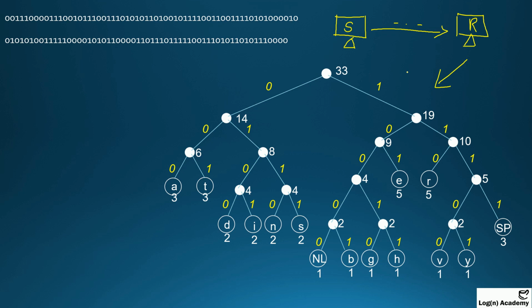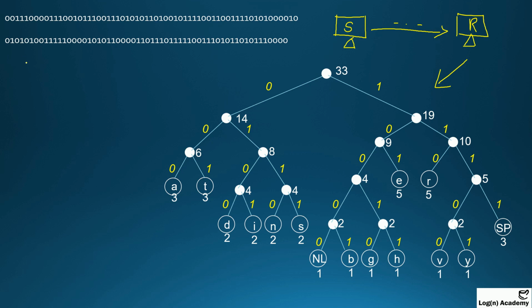So after the first condition, let's suppose that the receiver has access to this tree that the sender has created, and the sender has also sent the tree to the receiver. Now let's start decoding and getting the original message. The receiver also has this encoded string.